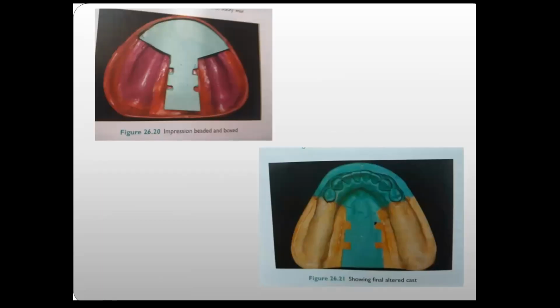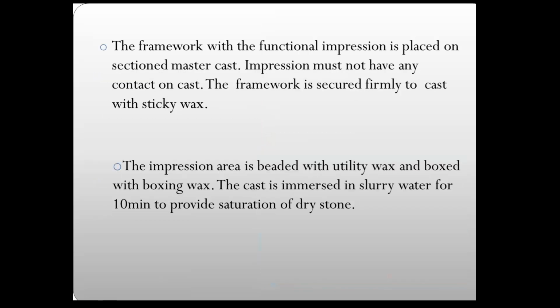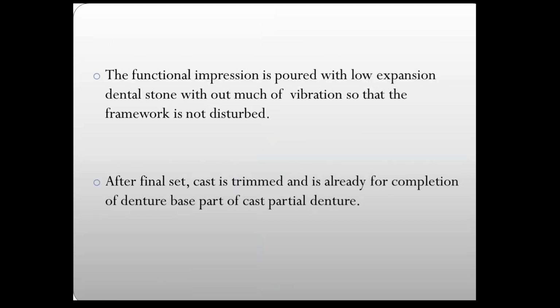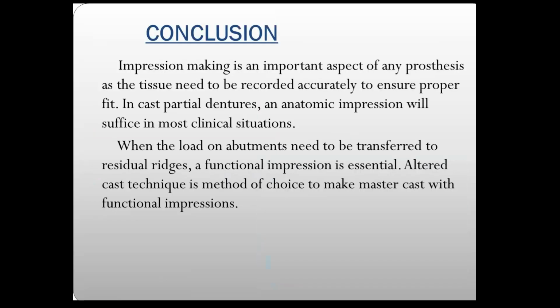Once that is done, we will be doing the beading with the utility wax and boxing with the boxing wax, and we will immerse that cast in a slurry for 10 minutes for the hydration of dry stone. Once that is done, we pour the cast with stone with minimal vibration.